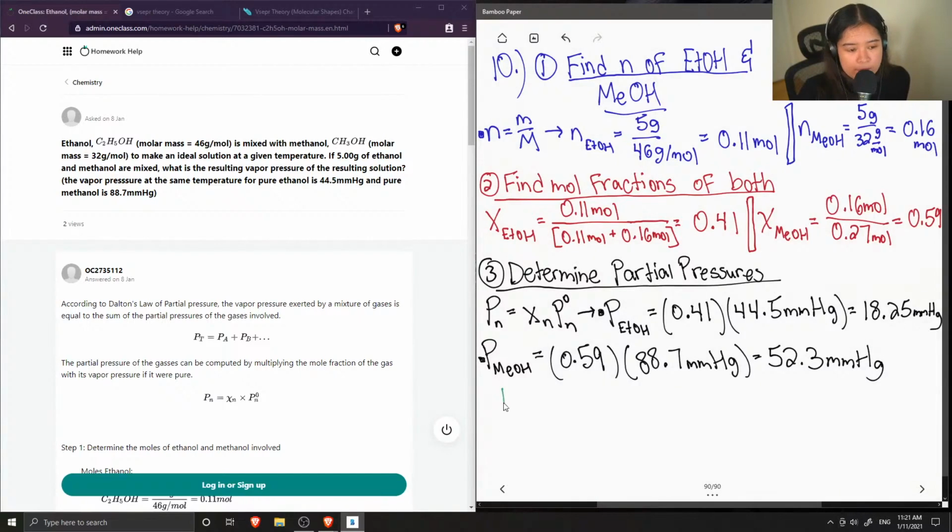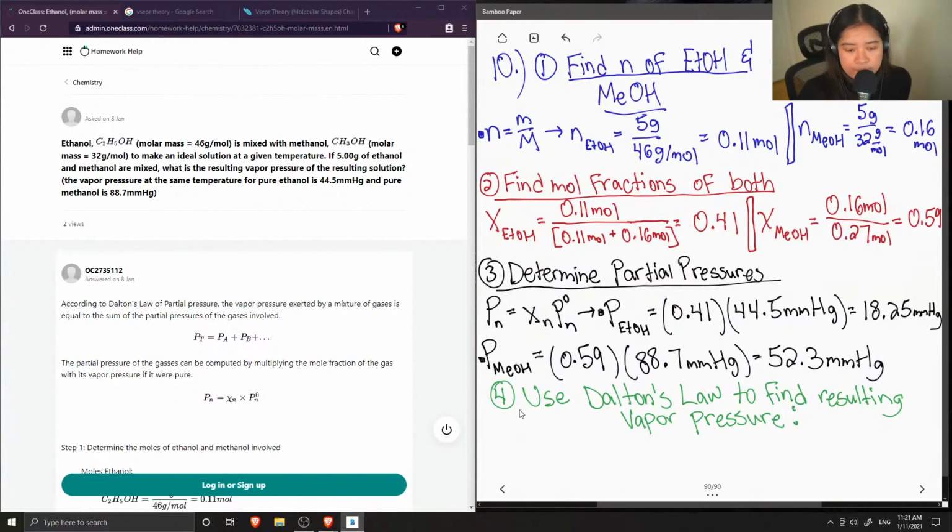Okay, so finally step 4 is to use Dalton's law to find the resulting vapor pressure. The equation for Dalton's law is that P total is equal to the partial pressure of ethanol plus the partial pressure of methanol.